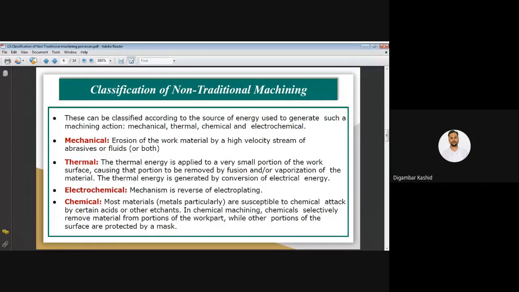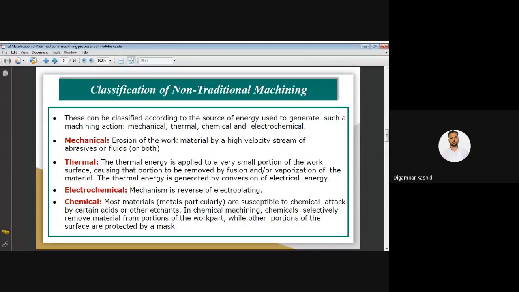Now come to our point, that classification. The classification of these non-traditional machining processes can be done based on different criteria. One of the criteria, firstly, is the type of workpiece to be machined. There are certain processes which are applicable only for electrically conductive metals.